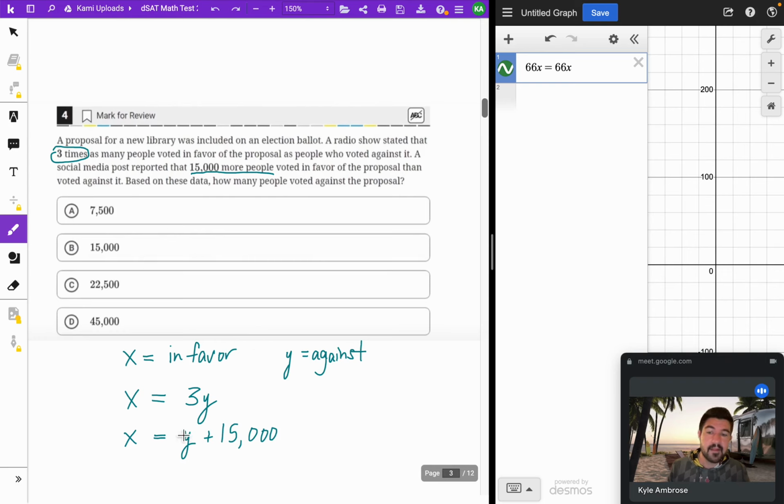Well, that would mean that y would be 15,000 because there were 15,000 more that were in favor of it. So 30,000 is bigger than 15,000, and so in order for these to be equal, we have to add another 15,000 to the against, if that makes sense. Maybe that's confusing, but this equation also works.